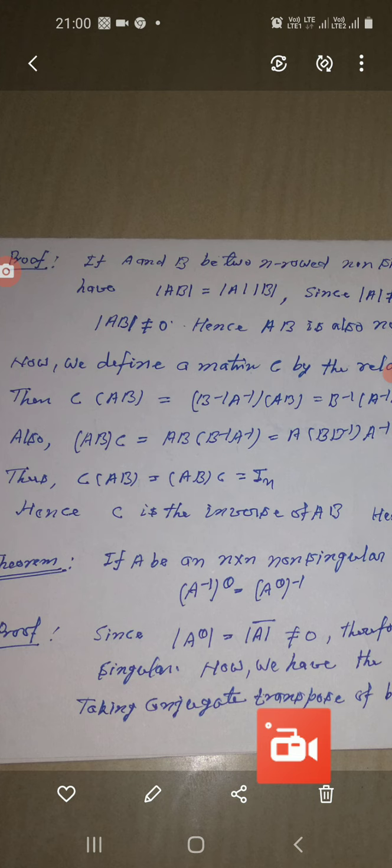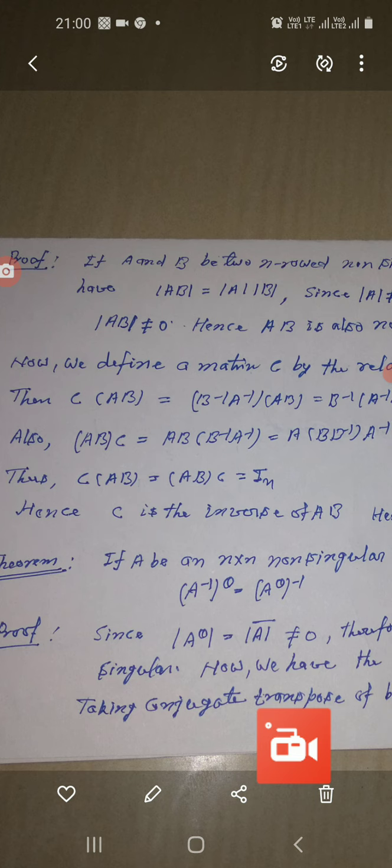Proof: we see that since determinant of A theta is equal to determinant of A bar, which is not equal to 0, therefore the matrix A theta is also non-singular.